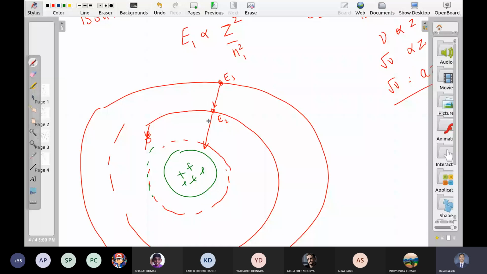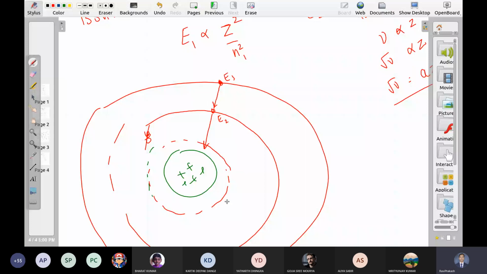So the electron in the third shell has two forces: attraction due to the positive nucleus, and also repulsion due to the electrons of level 1 and level 2.